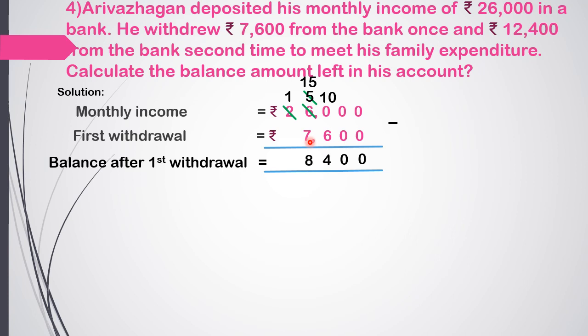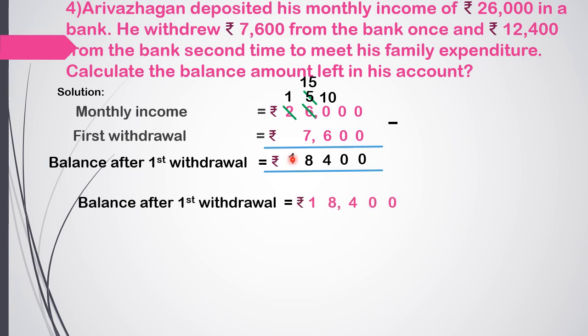So that is 8. Now 1. You can write it as it is, because in the second number we don't have any other digits. So the balance after the first withdrawal is 18,400.